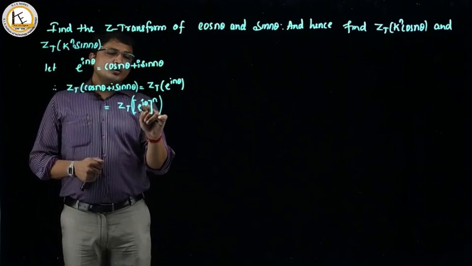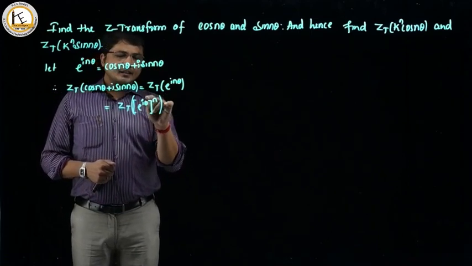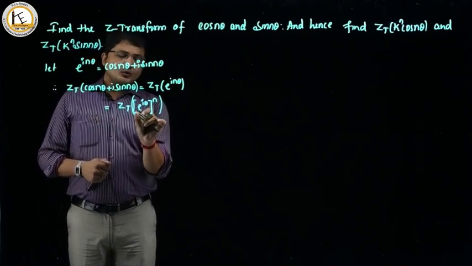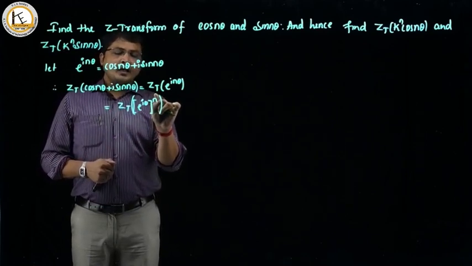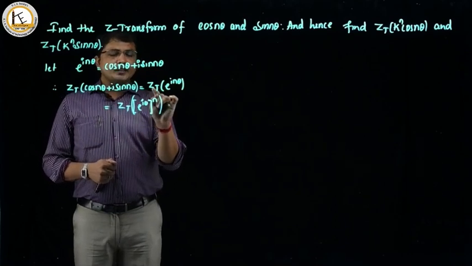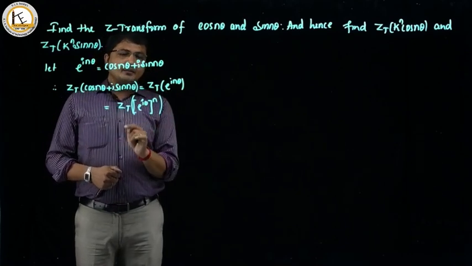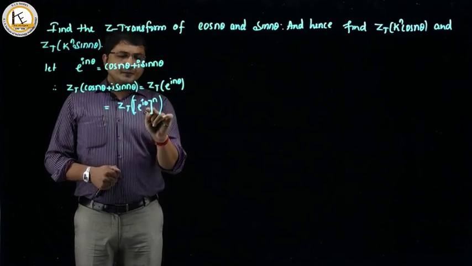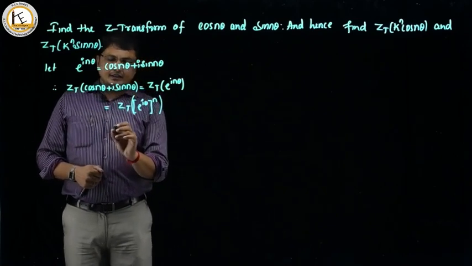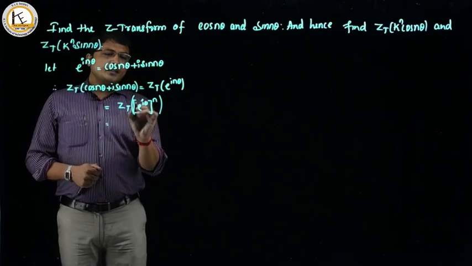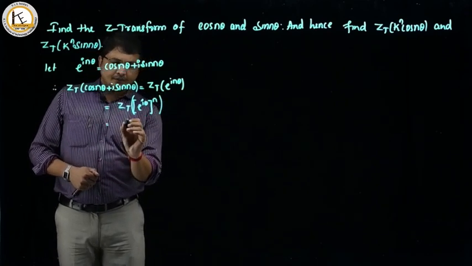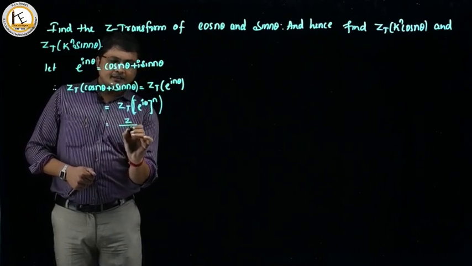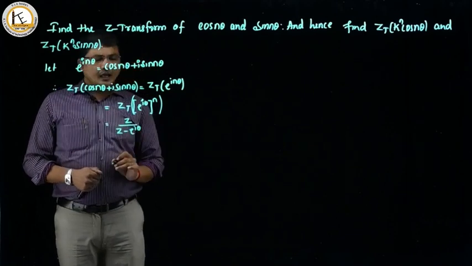Therefore e raised to i theta we will consider as a constant, and we make use of the formula of Z transform of k raised to n. We know that Z transform of k raised to n is nothing but z divided by z minus k. But in place of k, we have e raised to i theta. Therefore, comparing Z transform of e raised to i theta raised to n with k raised to n, we write the Z transform as z divided by z minus e raised to i theta.